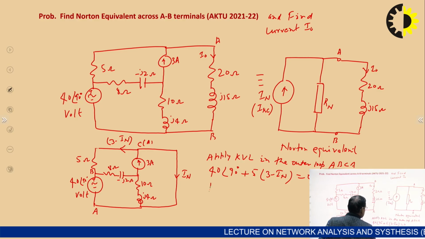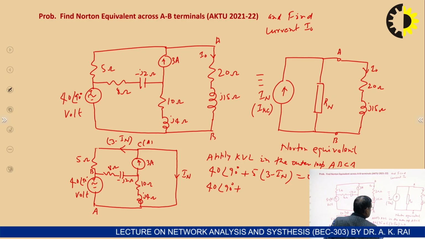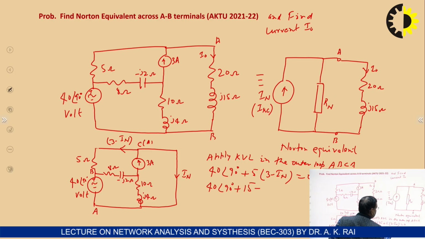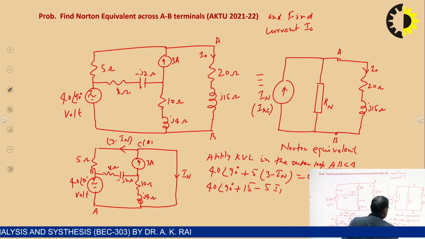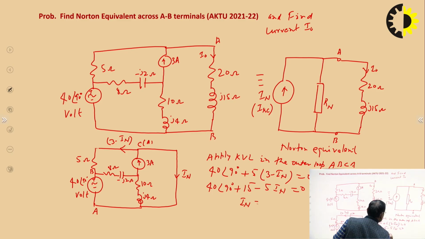So, 40 angle 90 degree plus 15 minus 5 IN is equal to 0. So, IN is equal to (40 angle 90 degree plus 15) upon 5.